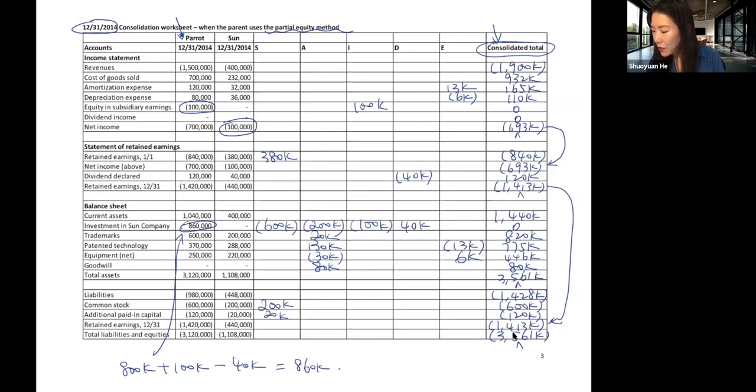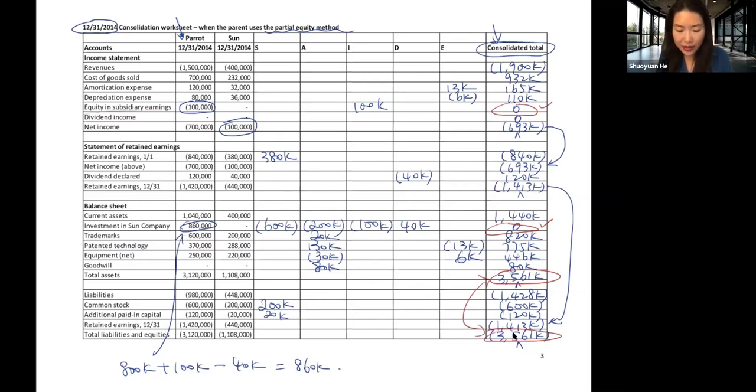Then we just do our normal checks. The first thing you check is your equity in subsidiary earnings should go to 0. Your investment account should be 0. And your total assets should be equal to your total liabilities and shareholders' equity.